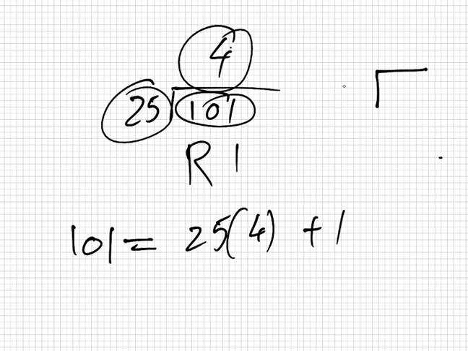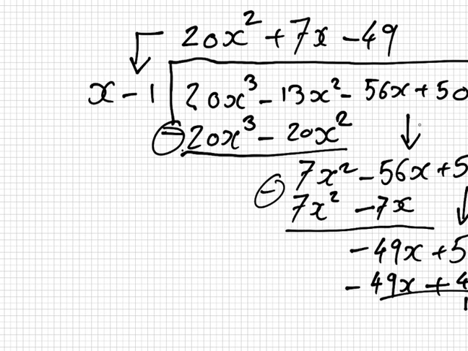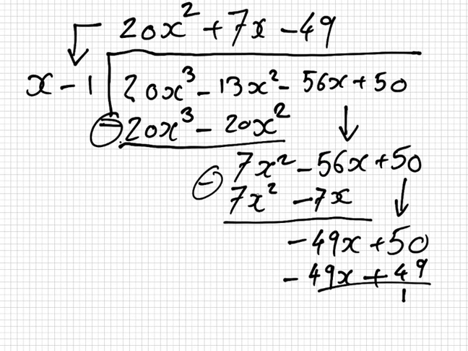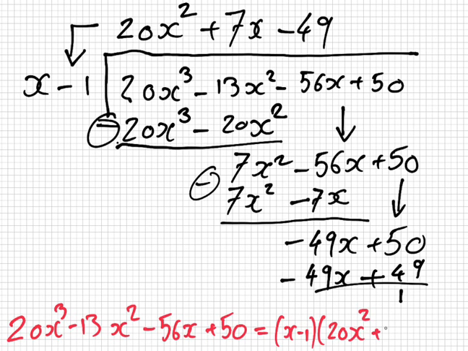So for example, if I had something linear divided into something cubic, and here's the quotient, and then there's the remainder, I can now say C equals L multiplied by Q plus R. So I can go back to this one and say, 20x cubed minus 13x squared minus 56x plus 50 equals x minus 1 times 20x squared plus 7x minus 49, plus 1.